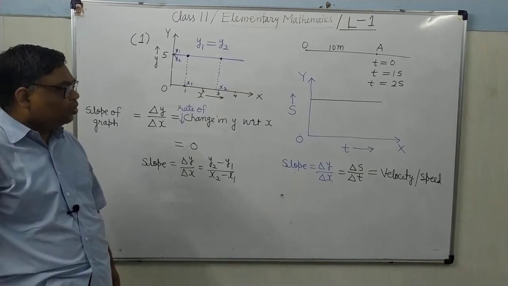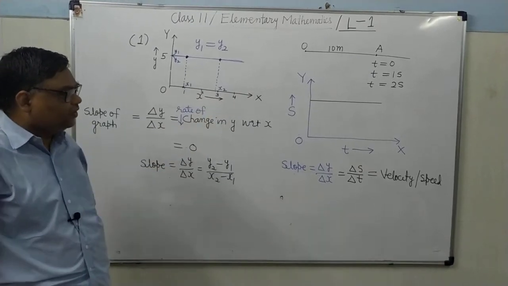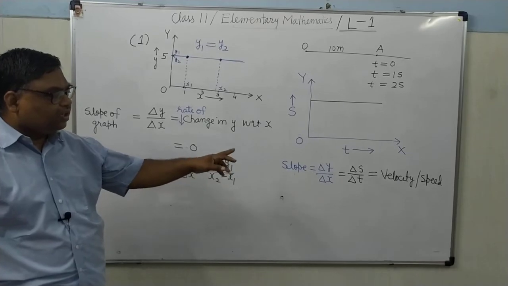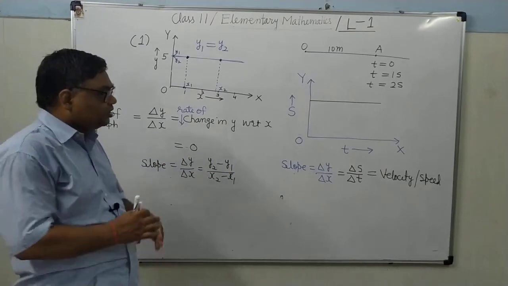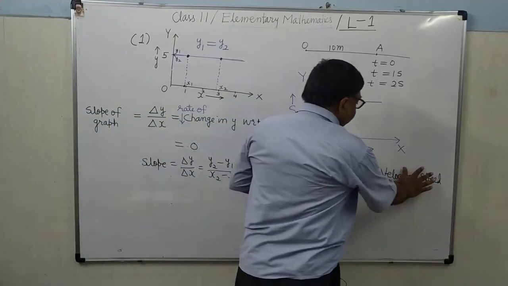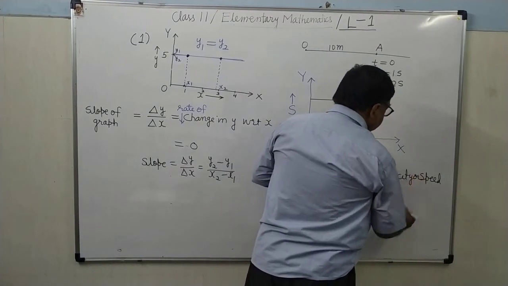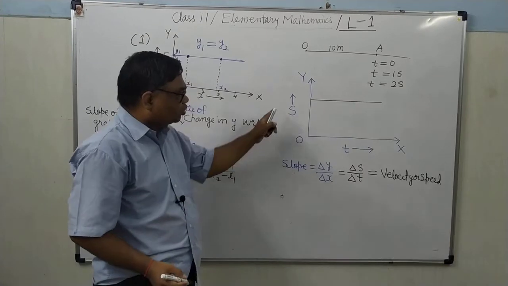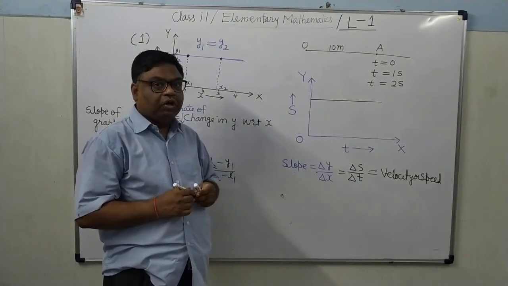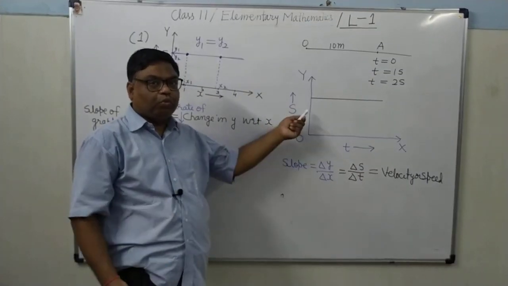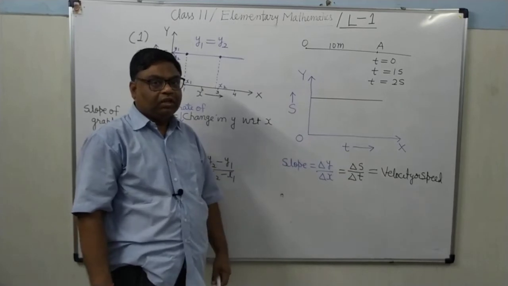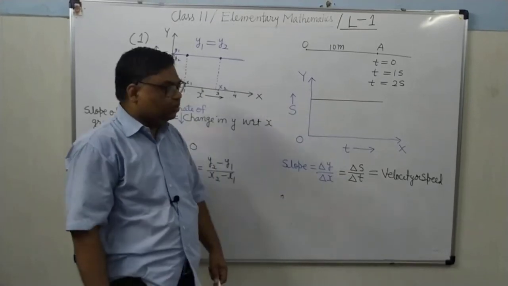So if the displacement time graph is this, the body is at rest. Its velocity will be 0, because velocity is found by the slope, and the slope is 0 here. Therefore velocity will be 0.